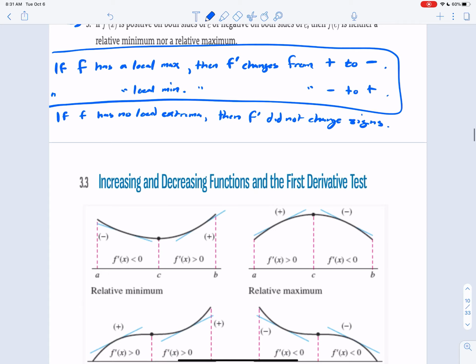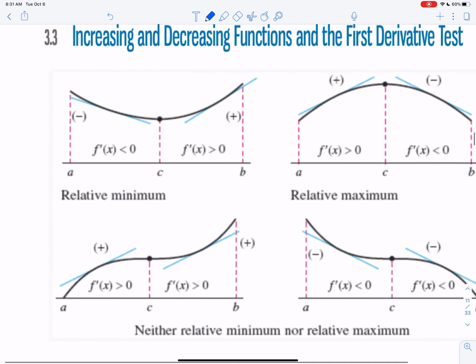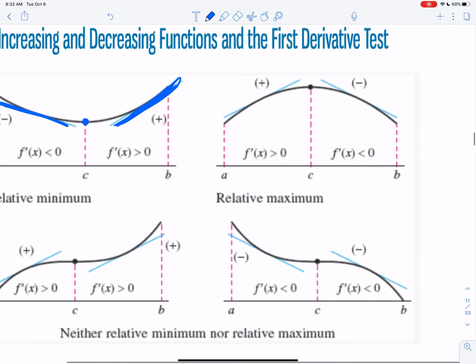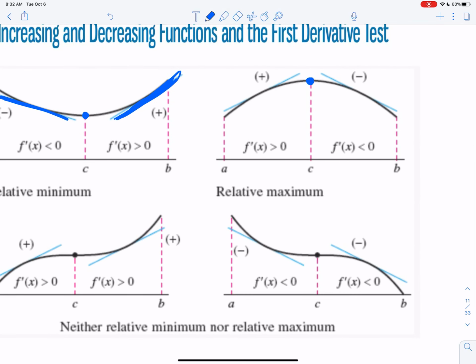So they show you that graphically here. Here is a local min in the first example where the derivative was negative and then it changed to positive. Here there's a local max or a relative max because the derivative changes from positive to negative.